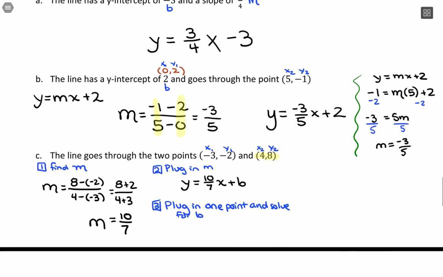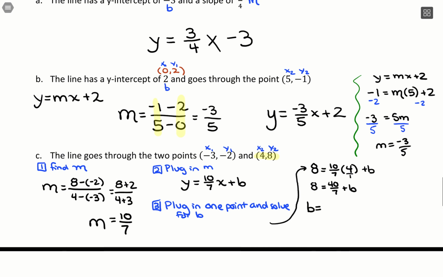So what this will look like is y, which is 8, equals 10/7 times x, which is 4, and then plus b. And then what we're going to do is solve for b. So we'll have 8 equals 10/7 times 4 over 1. So 10 times 4 is 40 over 7, plus b. And then we'll want to subtract that 40/7 from both sides.